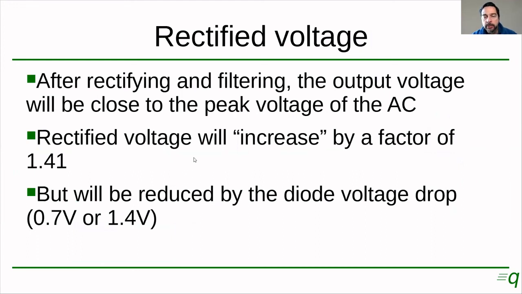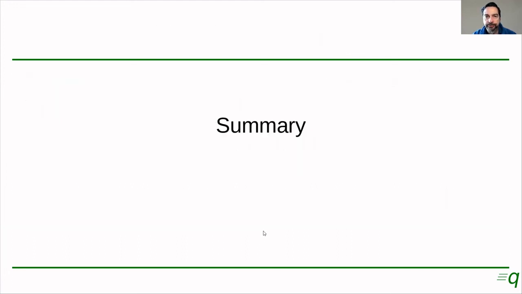But you also have to keep in mind that you're going to be losing some voltage on the diodes. So if it is a half-wave rectifier, you will be losing 0.7 volts. If it is a full-wave rectifier, because current flows through 2 diodes, you're going to be losing 1.4 volts. Okay?